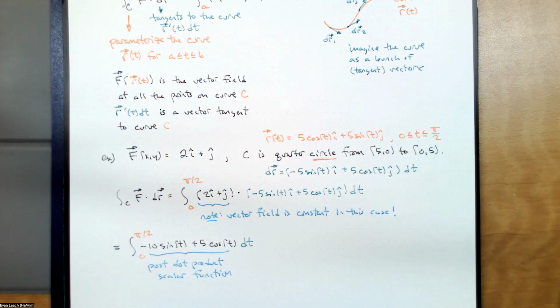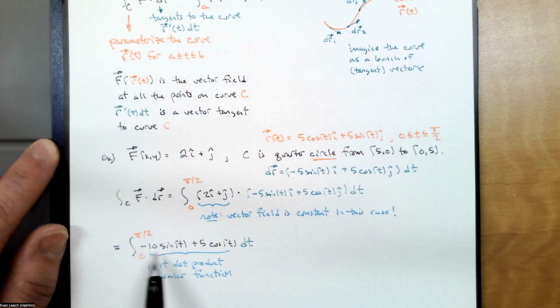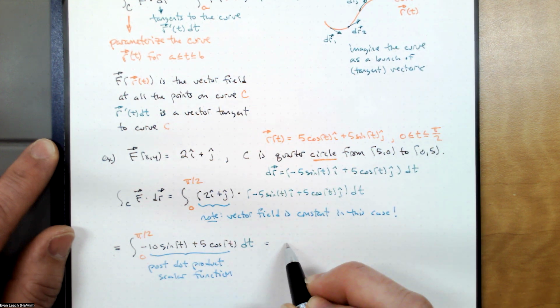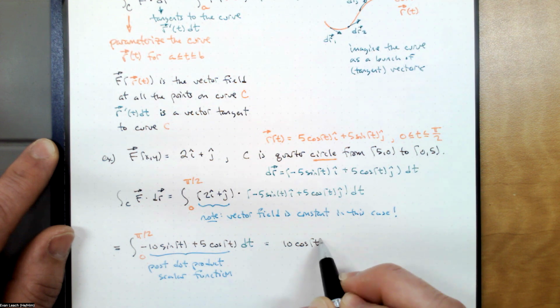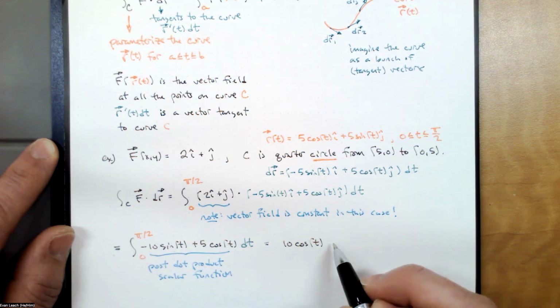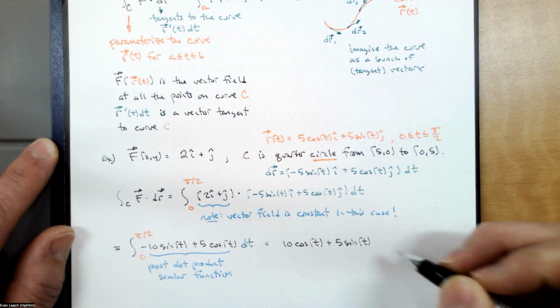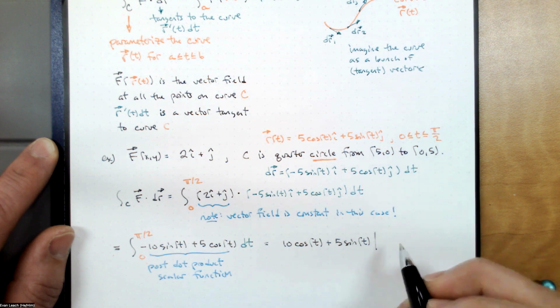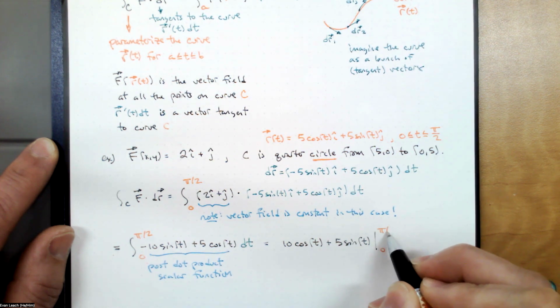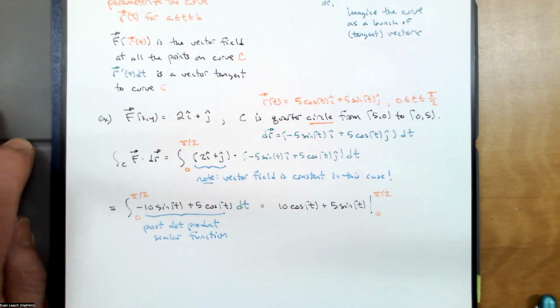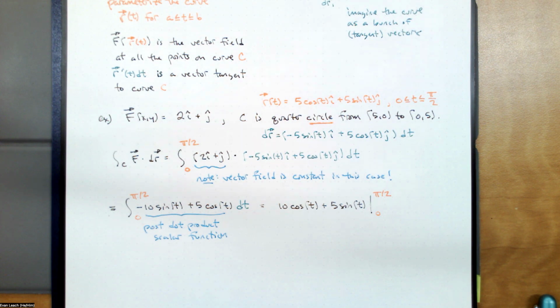So now we can just integrate this. So the integral of negative 10 sine of t is 10 cosine of t. The integral of 5 cosine of t is 5 sine of t. And then we evaluate from 0 to pi over 2. Derivative of cosine is negative sine, derivative of sine is cosine.